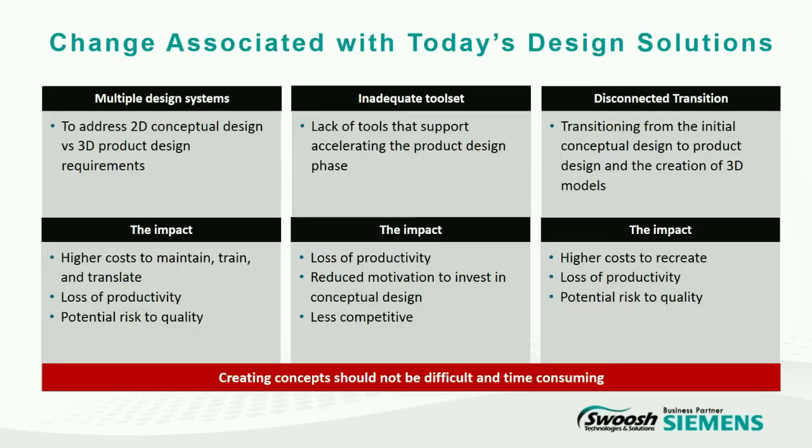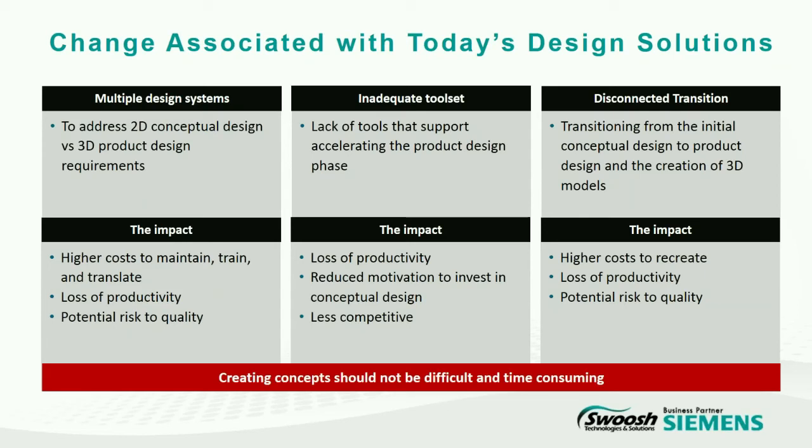Now here we see kind of a comparison of different situations in our industries today when you've got multiple design systems, some of which address conceptual design versus your 3D product design. When you get into multiple design systems, sometimes one of those tools is inadequate to accommodate the other task. And you can also have a disconnect between those tool sets where one doesn't give you usable data in the other set.